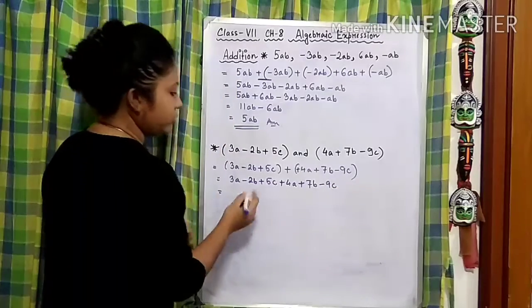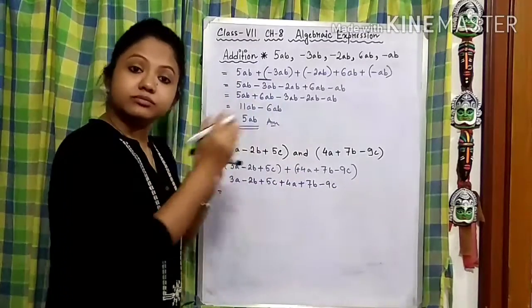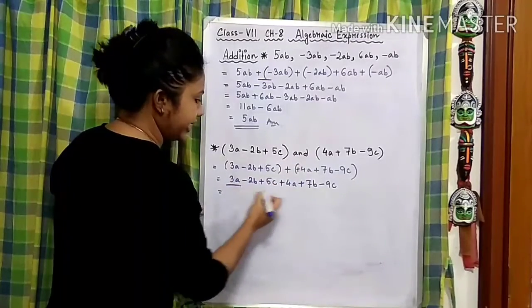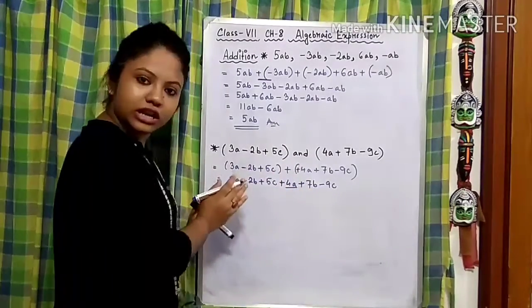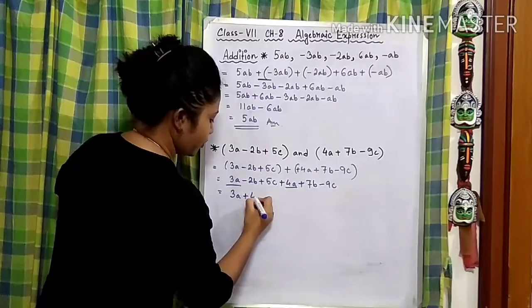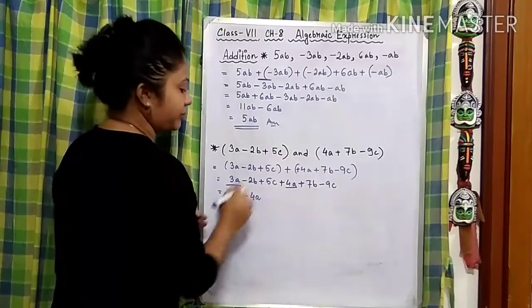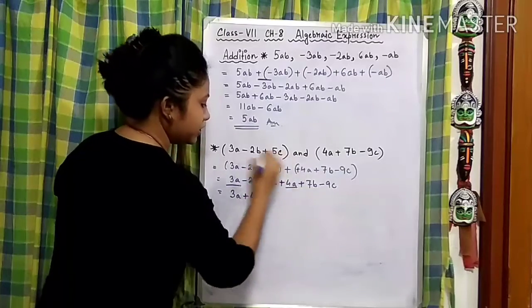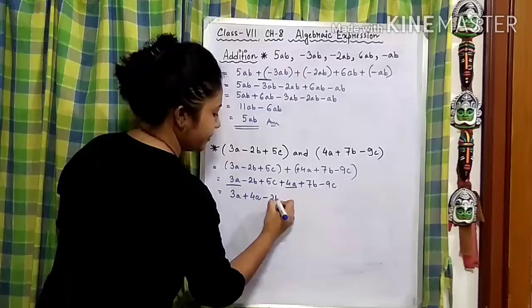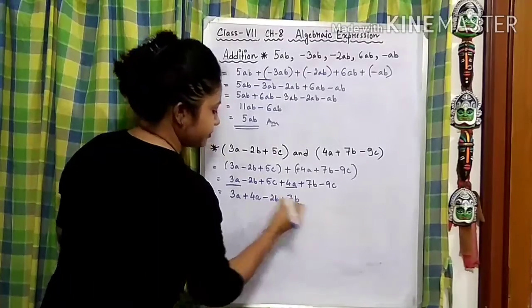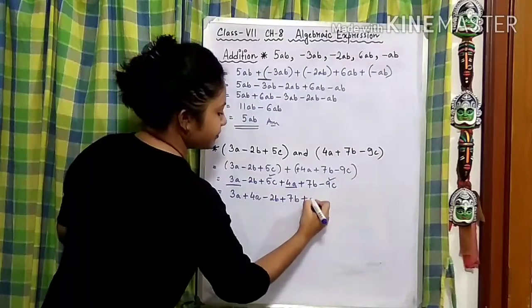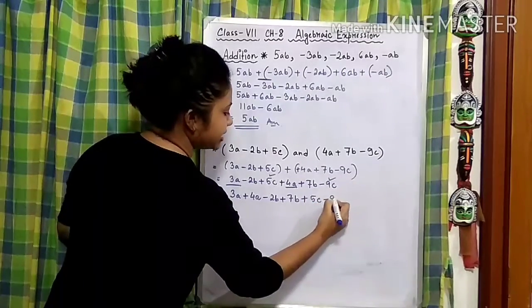Now take all the like terms together. First 3a and 4a, these 2 are like terms, so 3a plus 4a. Coming to b, minus 2b plus 7b. For the c terms, 5c minus 9c.